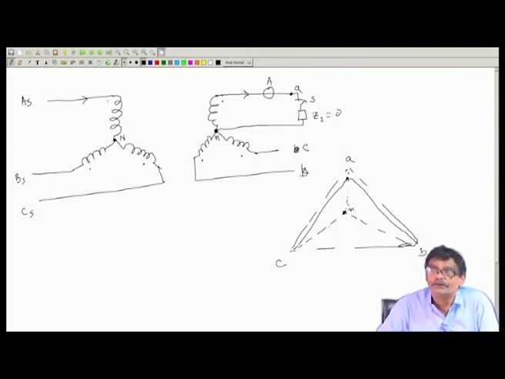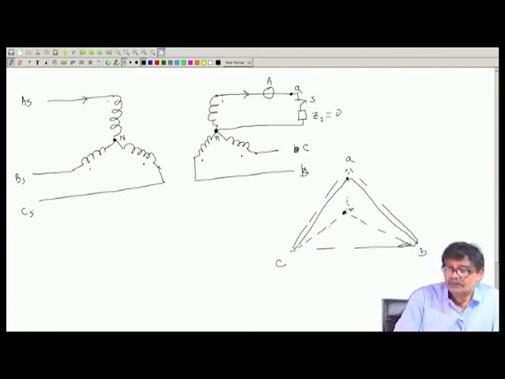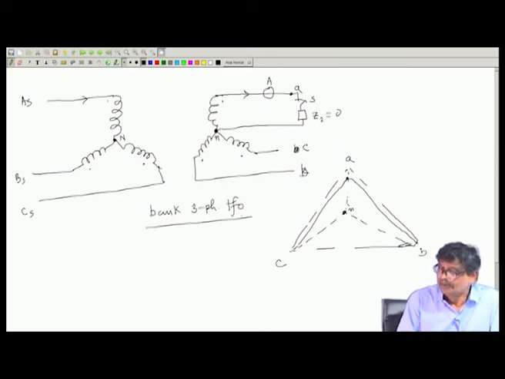They will not allow a single phase loading, because all the cores are magnetically independent. Okay, so this is another observation. This is a bank of 3 phase transformer. Anyway, you think about it, but single phase loading is not possible.